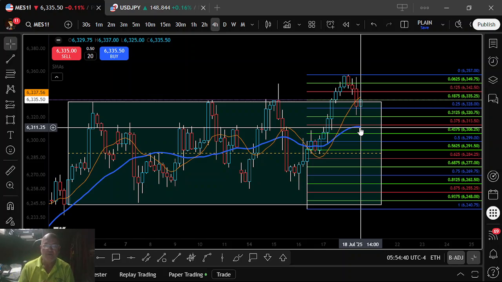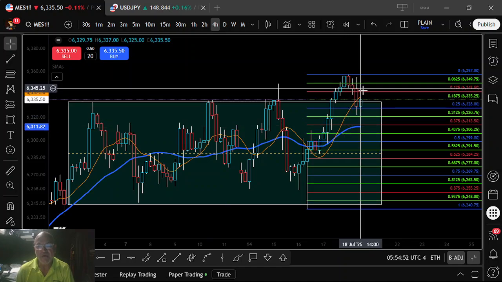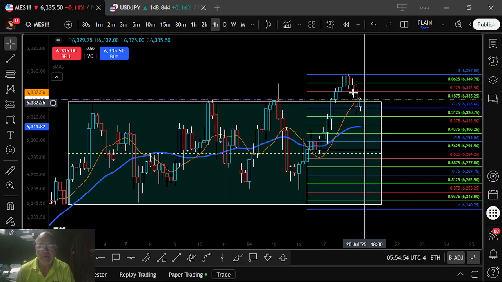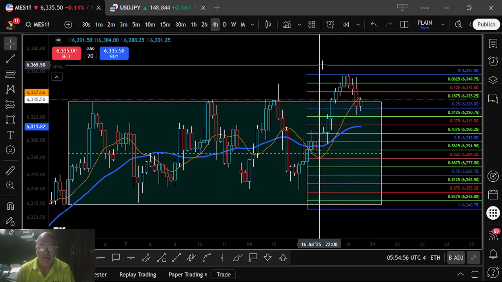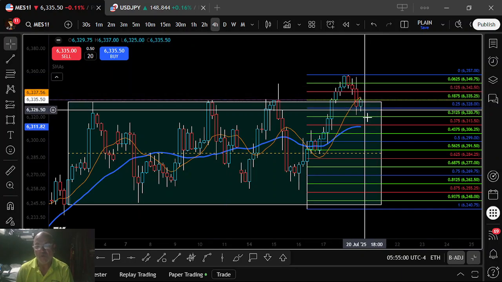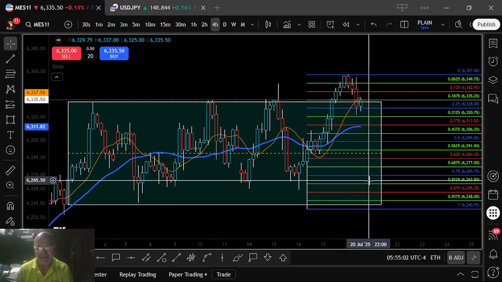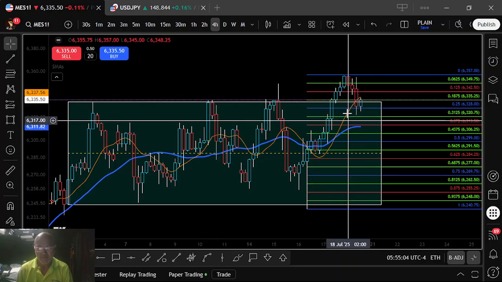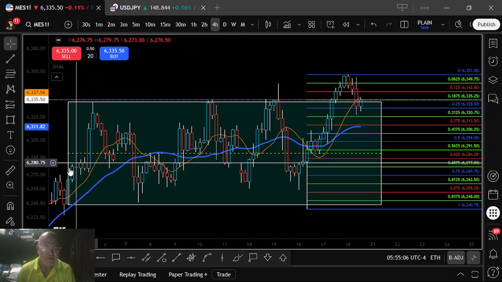So now I've got to watch other time frames a little bit more, because obviously, if we're going to continue up, the lower time frames are going to tell me that before the 4 hour does. If we're going to go down and take internal liquidity and then go back up, the lower time frames again are going to tell me that. If we're going to reverse back down to the bottom of the range, again, I have to look at that.